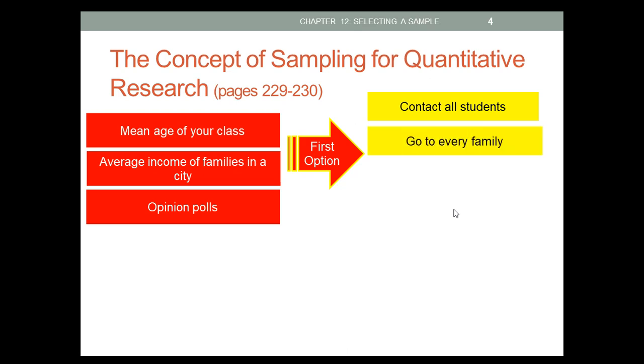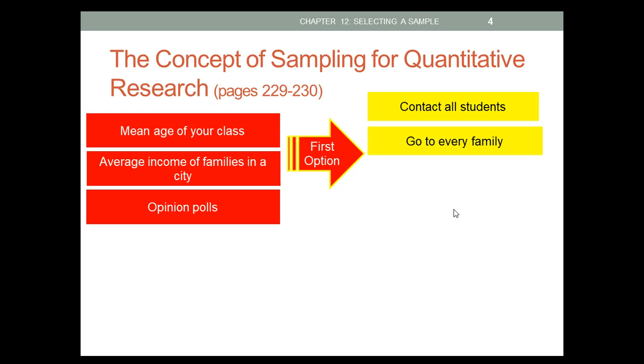For the second research topic, you can go to every family, every household in the city, and ask perhaps the head of the household one question. On average, how much does your family earn per year? So you go to every family in the town, ask every family one question, you sum up the average annual income and divide the total sum by the number of households in the city.